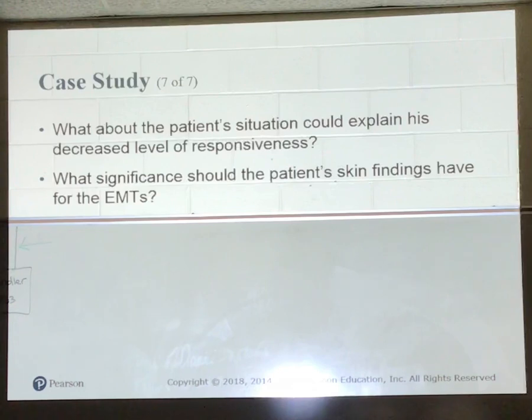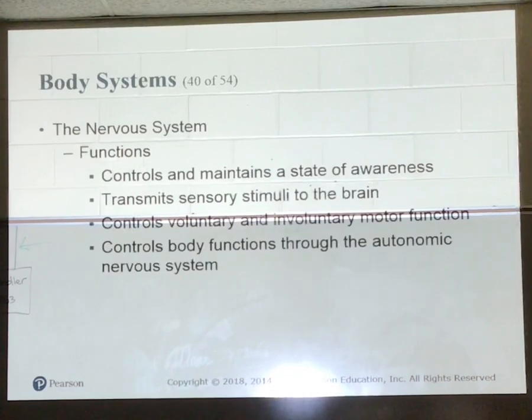Damage to his lung. Good, good, good. What significance should the skin's finding have? Is that an indicator of how well they're perfusing, how well they're oxygenating? Okay. That's going to be your first telltale sign.